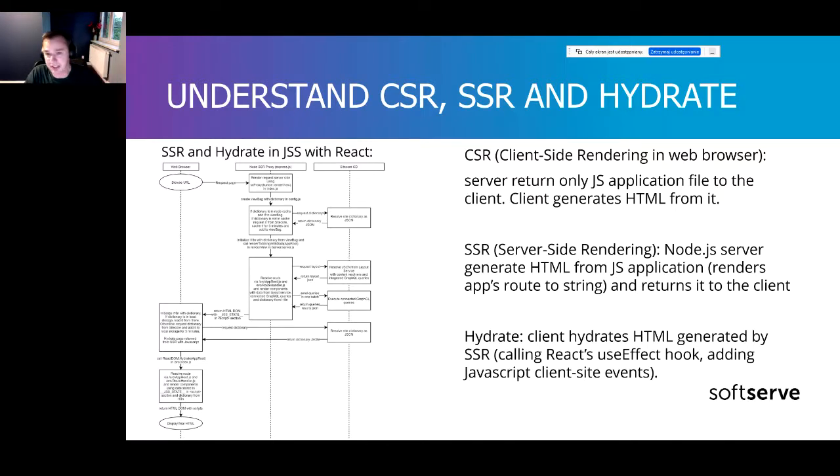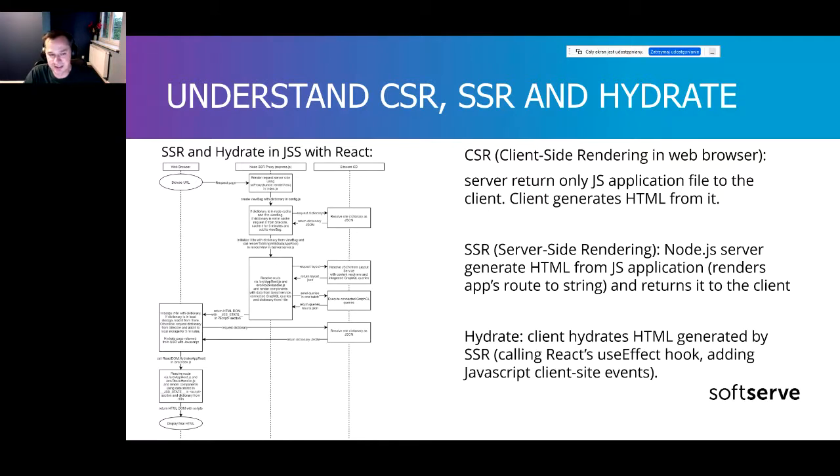In our case, we use React. React works in basically two modes. It can be either client-side rendering. In this mode, the server returns just the JavaScript application file to the client, and the client generates the HTML from this.